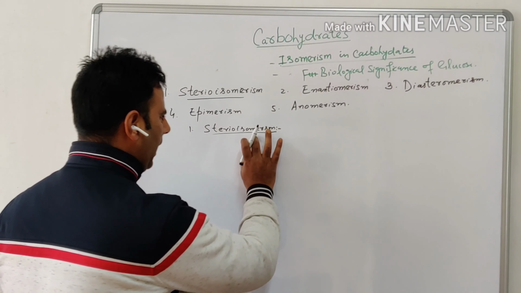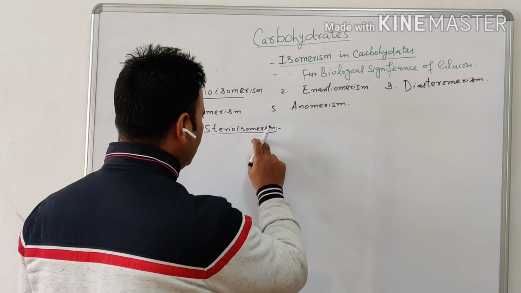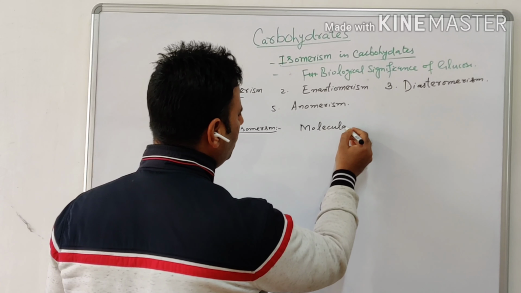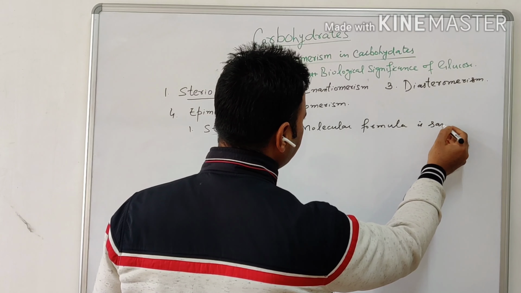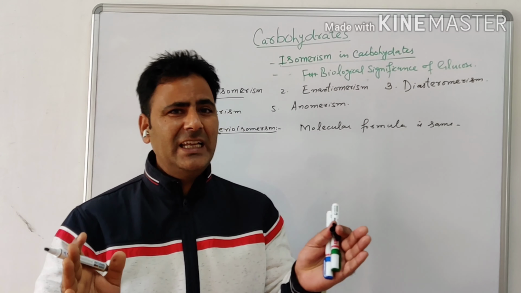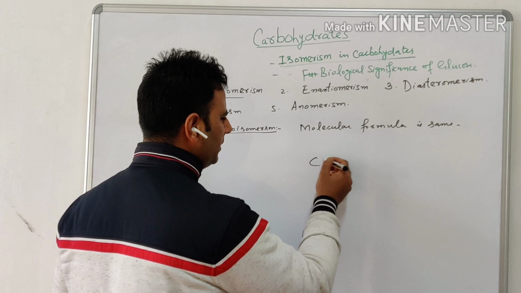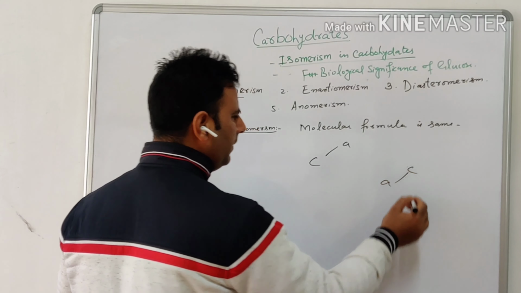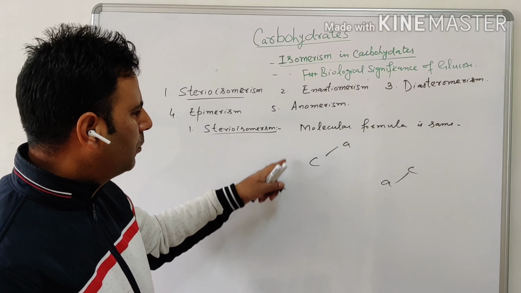Isomerism means they need to show something common, and here, in the case of stereoisomerism, the molecular formula is the same. However, the adjoining groups differ in their arrangement in space. For example, we have a carbon C here, it may have A here. We have another isomer C, it may have A somewhere here. So the arrangement of groups around the space is different.